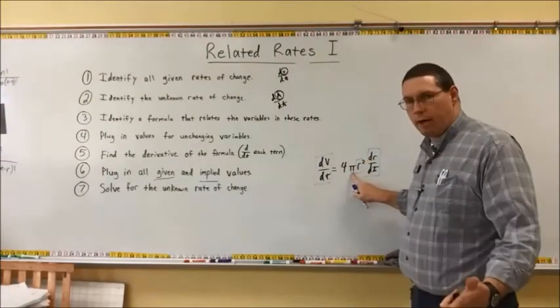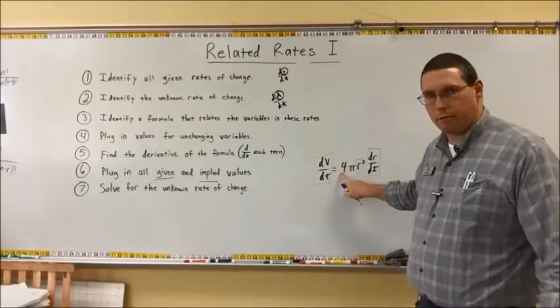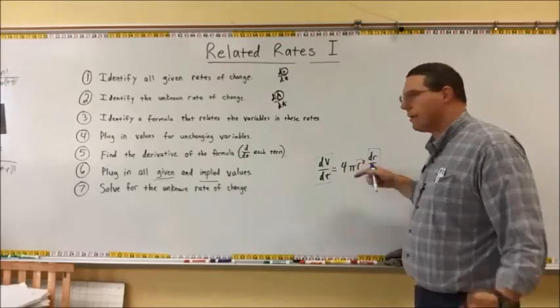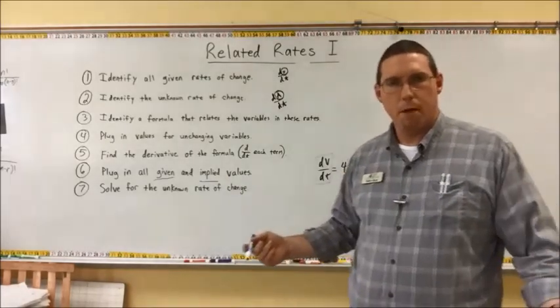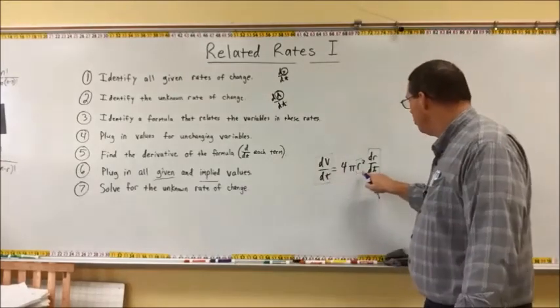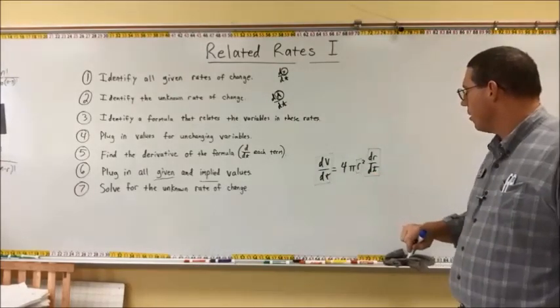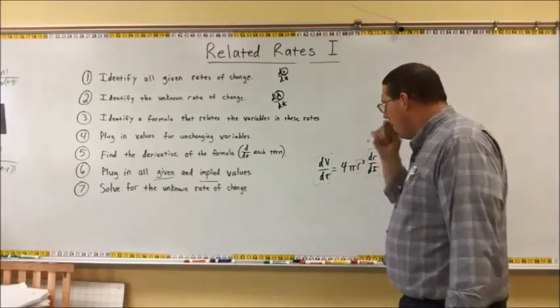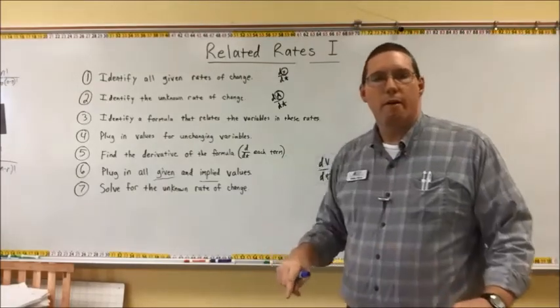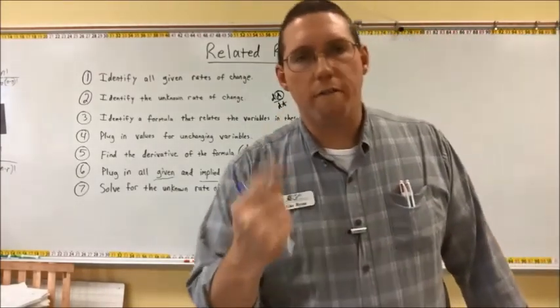Now pi, that's a constant. 4, that's a constant. Okay? The square on the r, that's just the exponent. So really we have 1, 2, 3 variables. And typically we have to plug in for all but one of those variables.